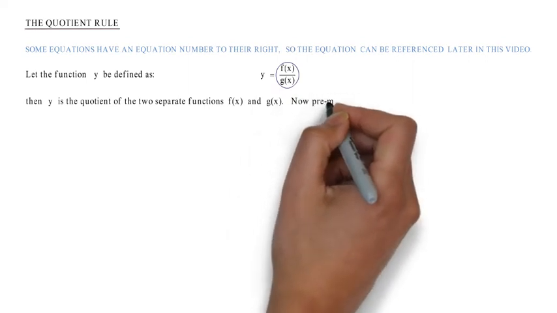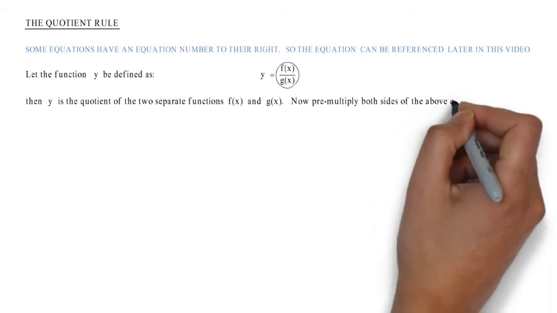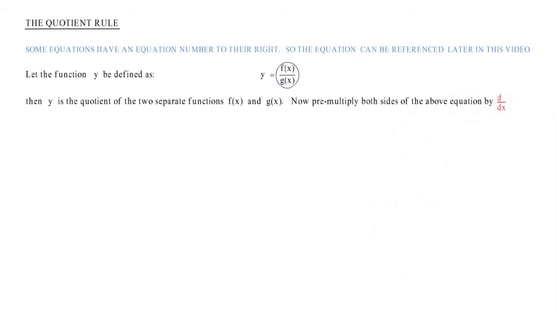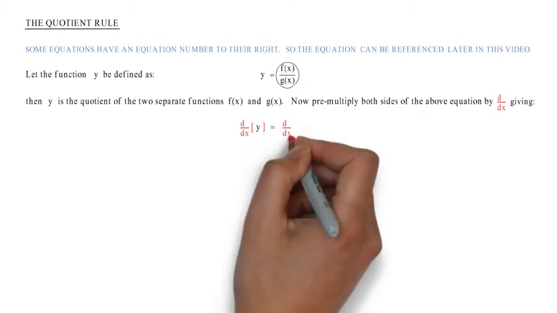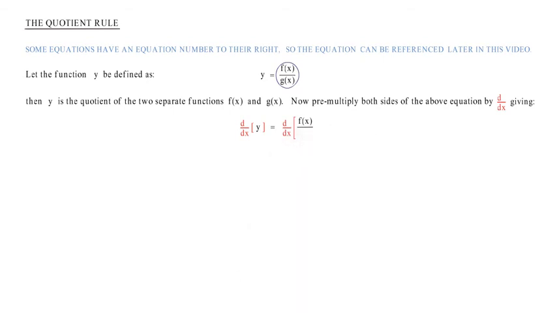Now pre-multiply both sides of the above equation by d dx, giving d dx of y equals d dx of f of x divided by g of x.